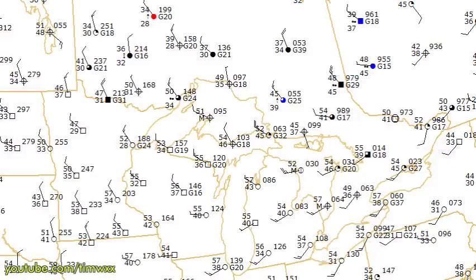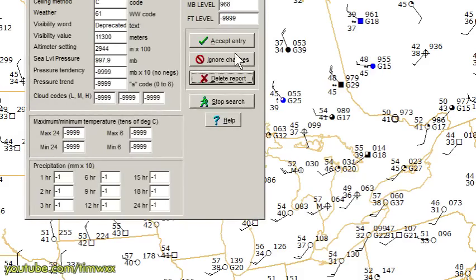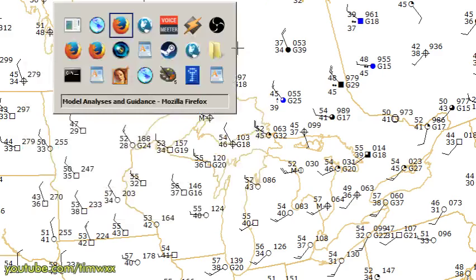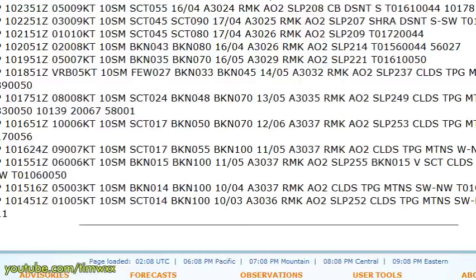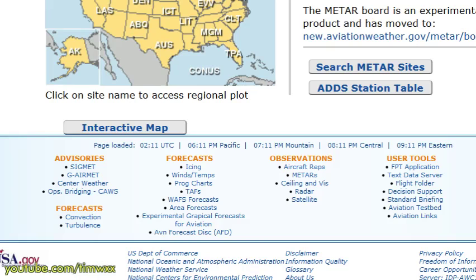Let's look at just one station, and I'll show you how to look at trends and how to look for a frontal passage in the METAR data. We're going to take the station YXR. I'm going to go back to the METAR page and put in CYXR. I'm not sure what site that is.